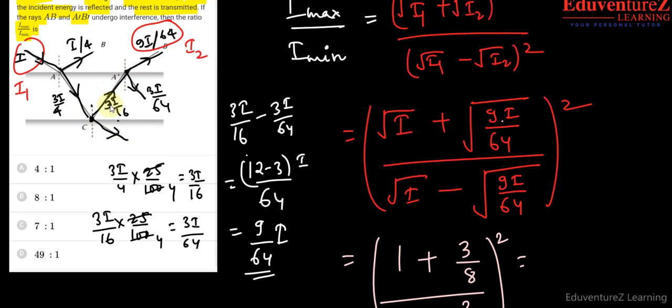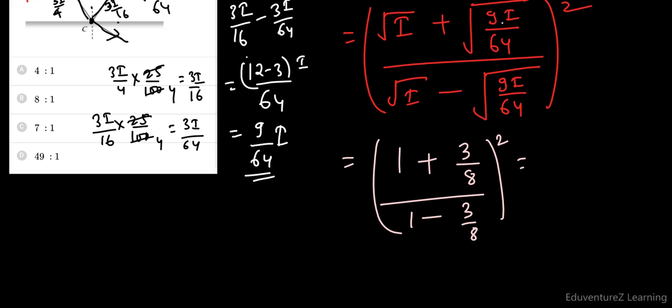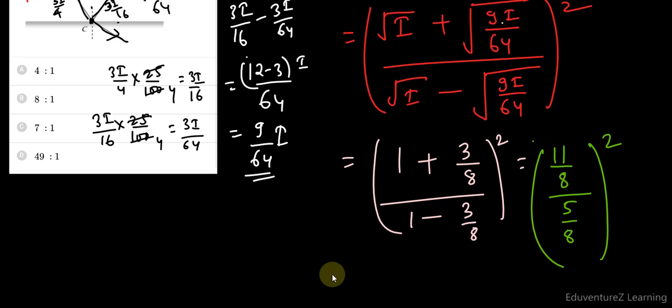So the ray that is reflected here is this. Now this value becomes 8 plus 3, 11 upon 8, and this becomes 8 minus 3, 5 upon 8 whole square.